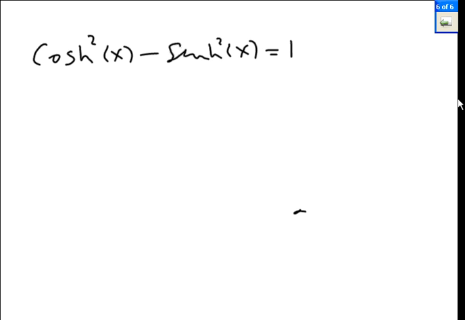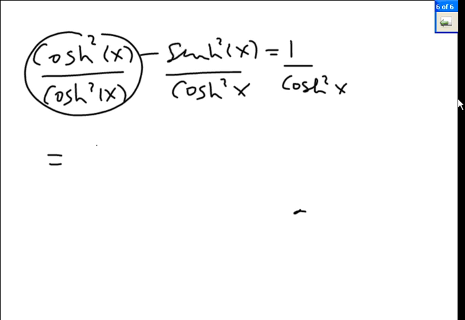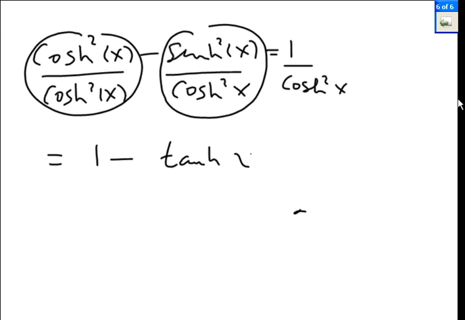Now, if you were to divide everything by, say, cosh squared of x. Well, over here, you get 1 minus sinh of x divided by cosh of x, which is hyperbolic tangent of x.